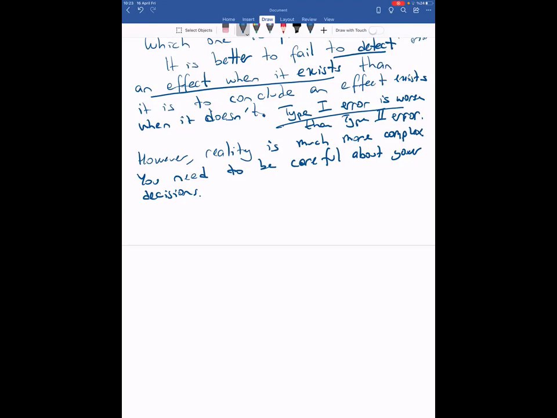So fix alpha at a small rate like 5%. When the situation is more risky, give 1%, and then maximize the power.